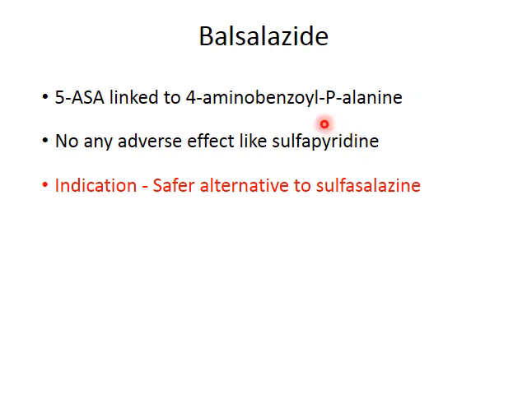While there are no adverse drug reactions associated with 4-aminobenzoyl beta-alanine because it is least absorbed. The 5-ASA which is released in the colon mainly produces a topical anti-inflammatory effect. So it is indicated as a safer alternative to sulfasalazine, producing almost equivalent effect without the adverse drug reaction profile.